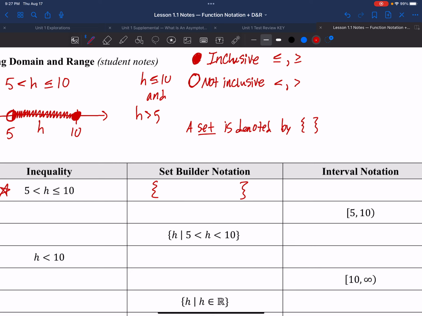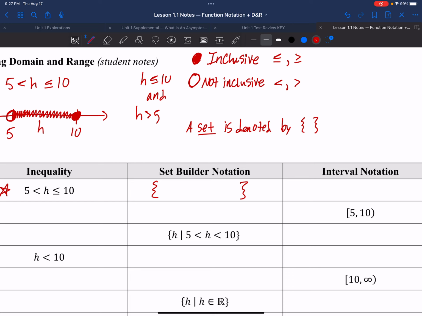Now, within this set, we're just going to describe what the relationship with H is. So when it comes to set notation, there's really just two pieces. First, set notation indicates what variable you're talking about.